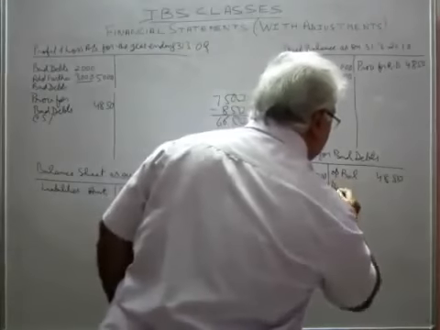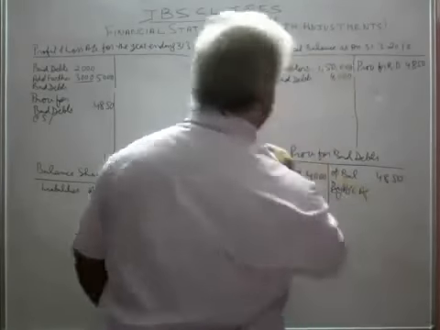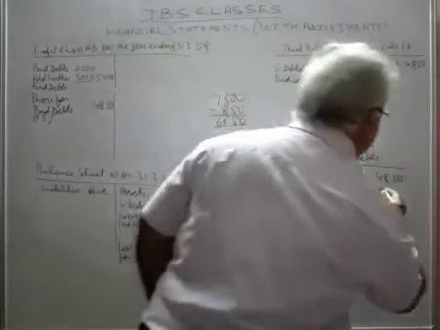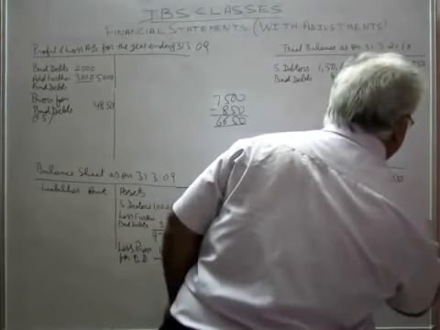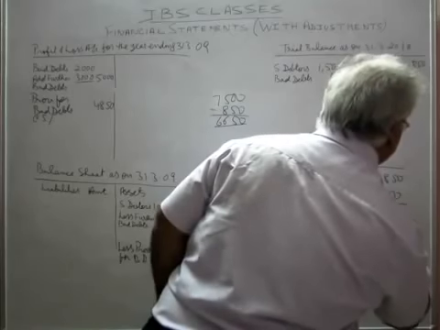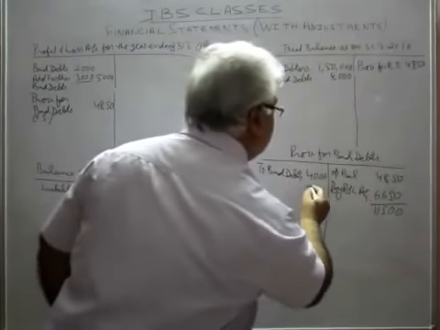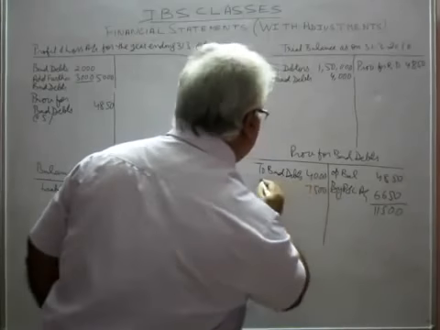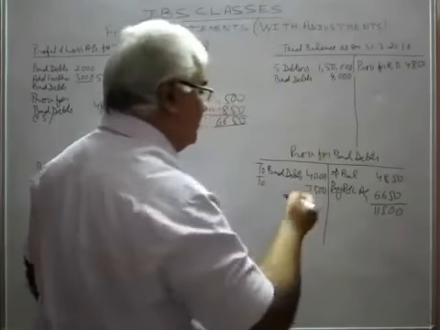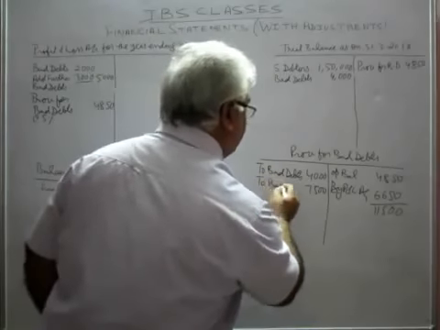So by P&L account, 6,650. Okay. This will be the amount, that is the 7,500, which will be carried forward to the next year.